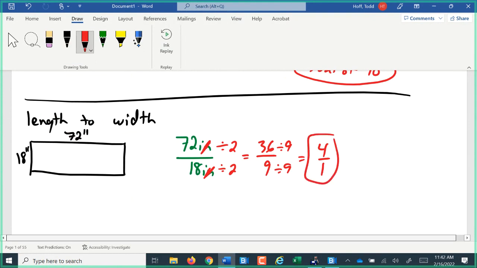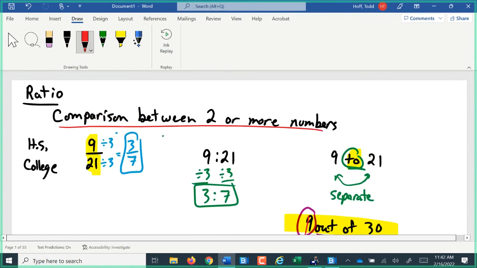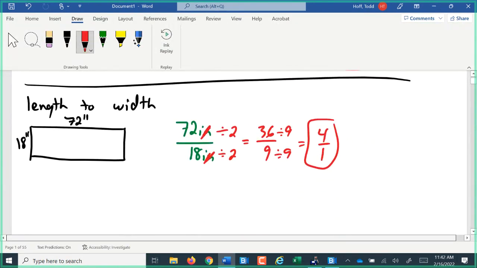Here's where our ratios and our fractions have some differences. If this were simply a fraction, I would write that as simply the number 4. But it is not a fraction, it's a ratio. And remember, the ratio has to be the comparison between two or more numbers. If I just write it as a 4, that comparison is lost. So this is 4 to 1. We have to leave it like that.